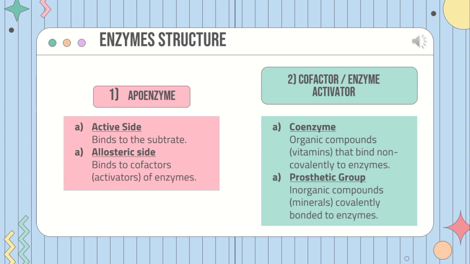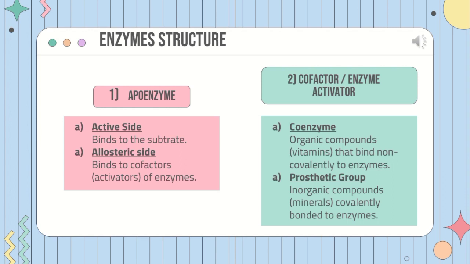Examples: coenzyme A. B. The prosthetic group is a cofactor in the form of inorganic compounds or minerals that are covalently bonded to enzymes. Example: Cl- and Ca2+ in amylase enzyme, Fe in hemoglobin, and Mg in chlorophyll. Enzymes that have bound to cofactors are called holoenzymes.